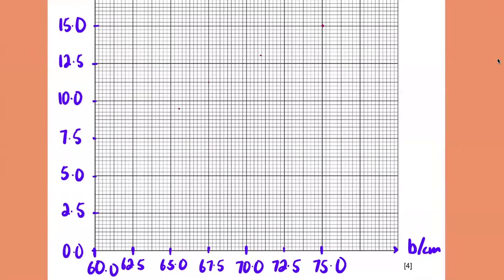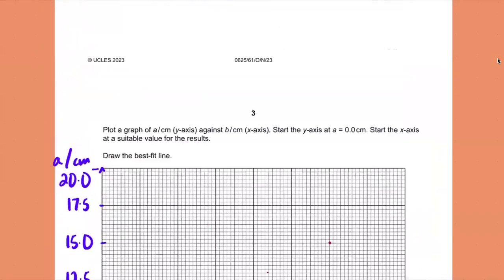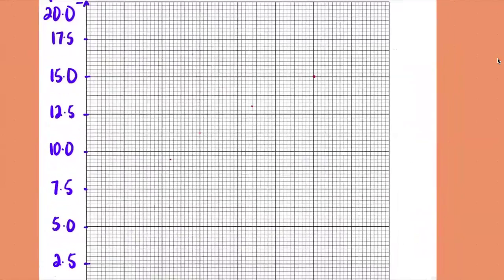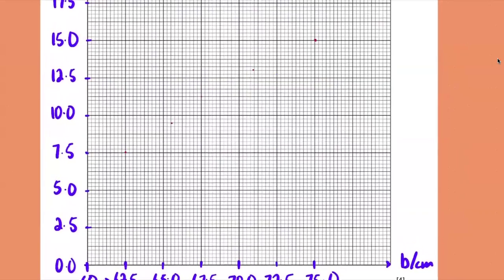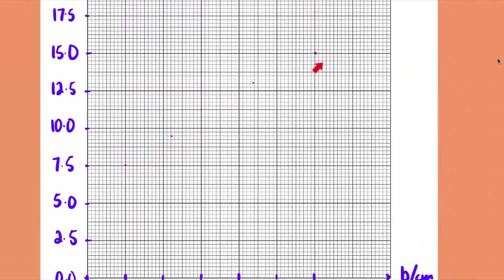And then what else do I have here? 7.5 and 62.5. These ones seem very easy compared to the other ones. So it's this one. Now it appears obviously that all of these points are on a straight line. So 1, 2, 3, 4, and 5.